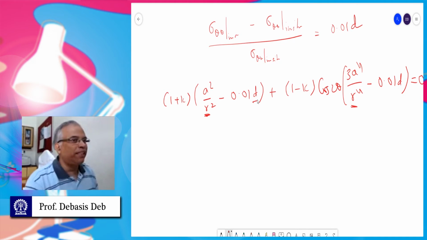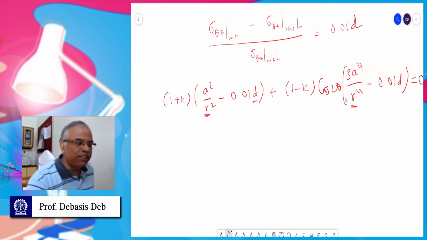If you are comfortable with 5%, you put 5. If you are comfortable with 10%, then you have to put 10. Then we can solve this for R.